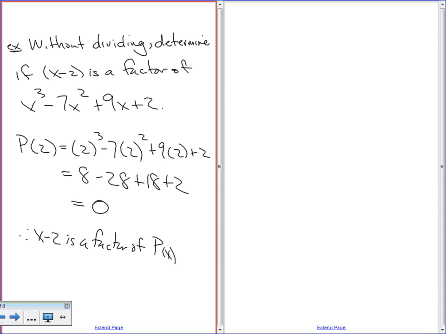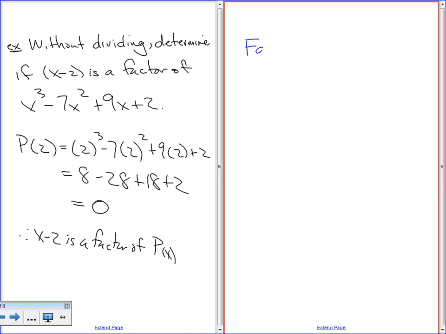The factor theorem is just an extension of the remainder theorem. And all it simply says is this.